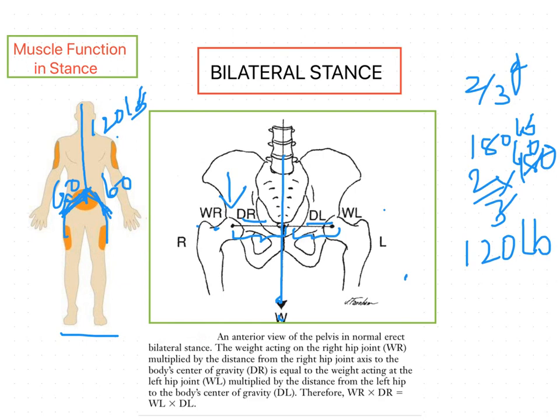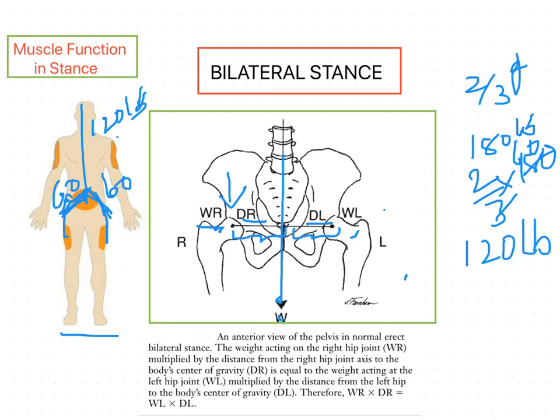The weight on the right hip, the compressive force created by the upper body weight, is equal to the weight distributed on the left hip joint.